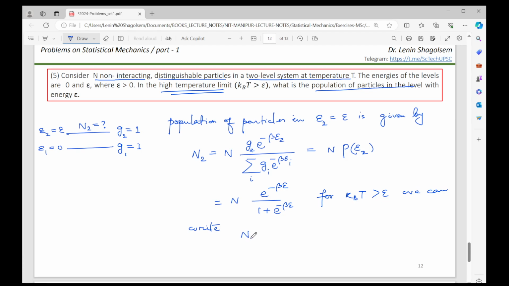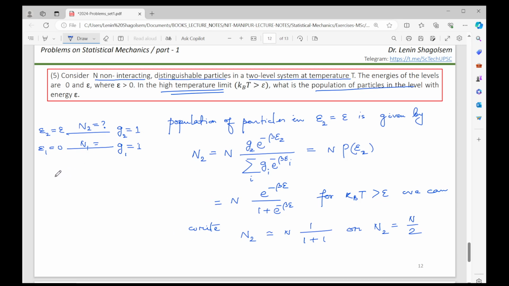Okay, this n2 is approximately n times 1 by 1 plus 1, or n2 is half of the total population.